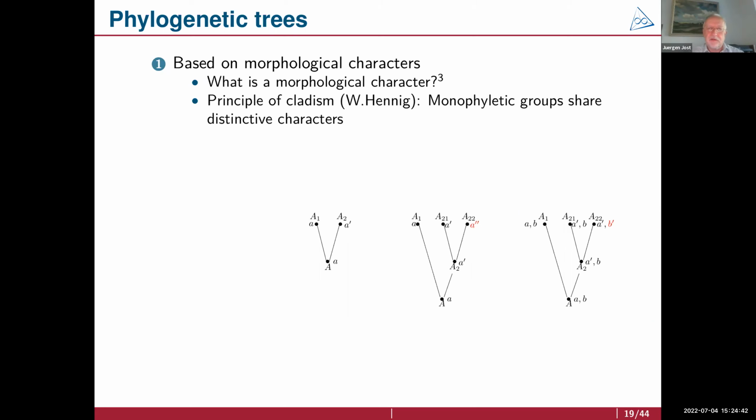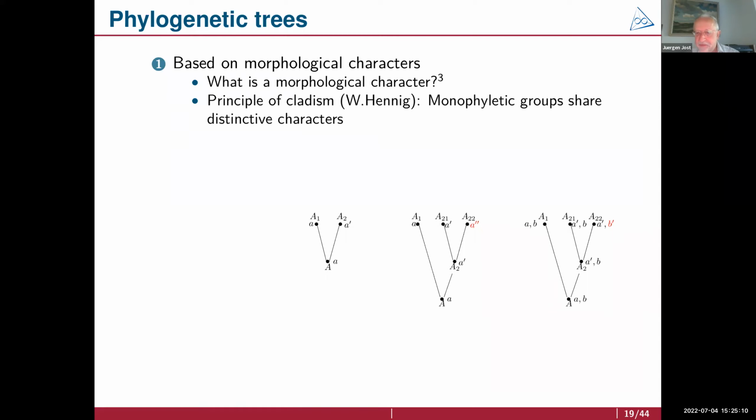Now, on the basis of this, you could develop systematic principles. So in the middle, the original character A changed to A prime in the fossil species A2, and that state then was preserved in A21, but it further changed to A double prime in A22. Or you could look at different characters.